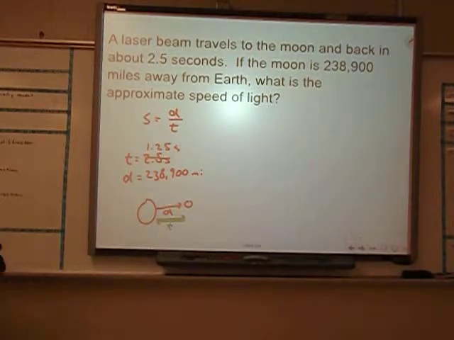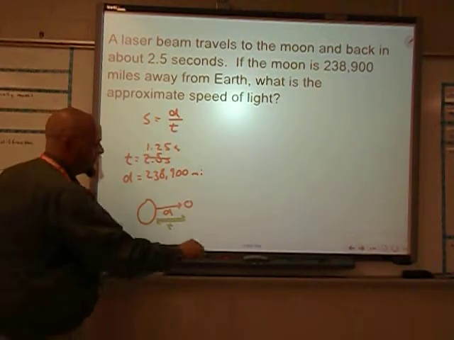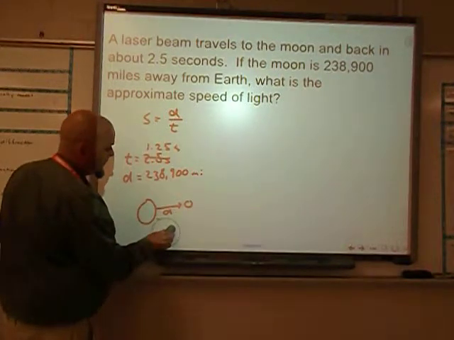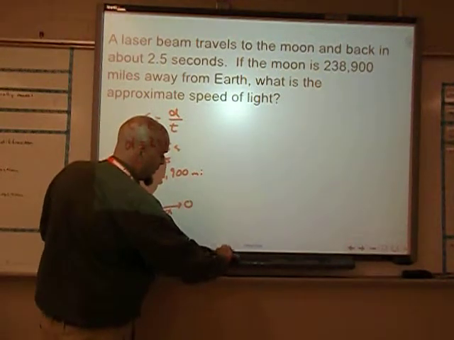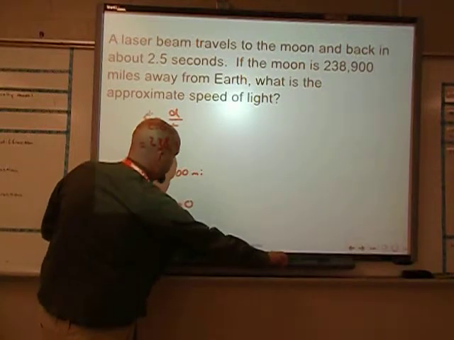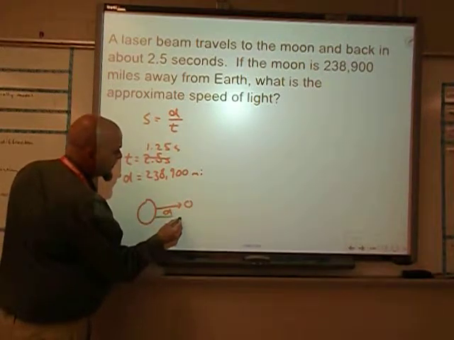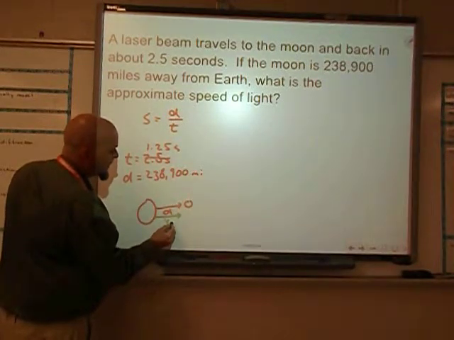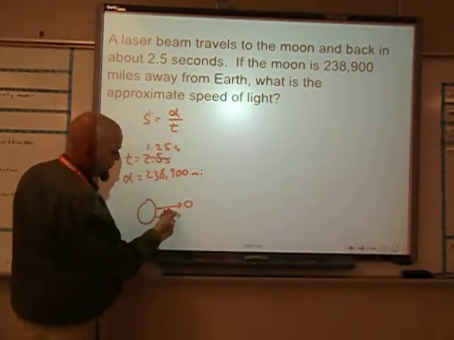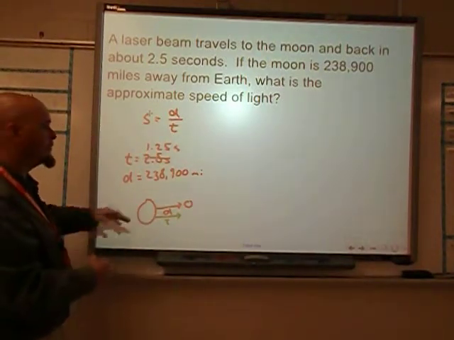So 2.5 seconds divided by 2 is 1.25 seconds. That way, what we're dealing with matches. Instead of having the time there and back, all we have now is the time to the moon. So we have the same kind of information for both values.